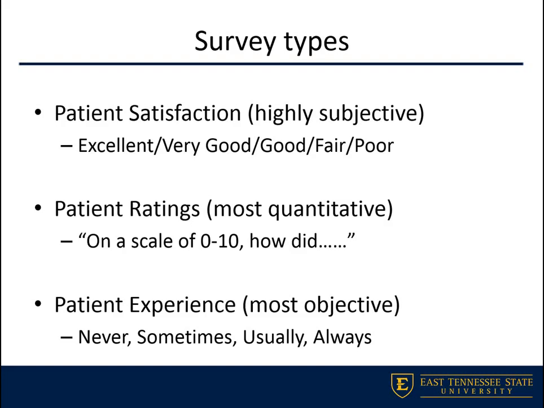Counter that to how a healthcare facility looks at it. They have the initiative to strive for excellence. So if you have a patient going through and giving you good, very good, when you really should be getting excellence, that really can hurt your patient satisfaction scores and ultimately your reimbursement.